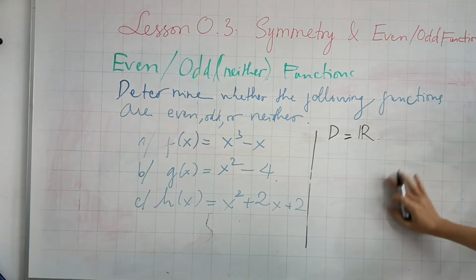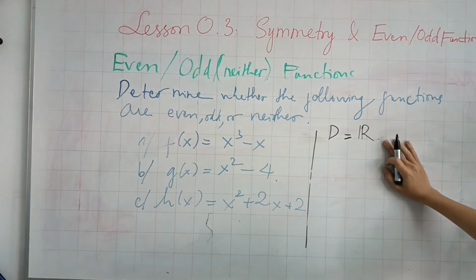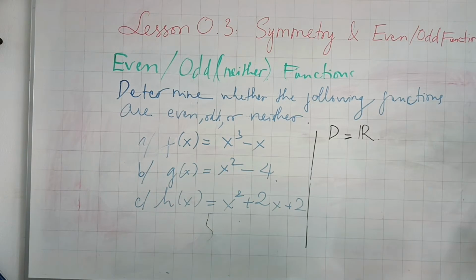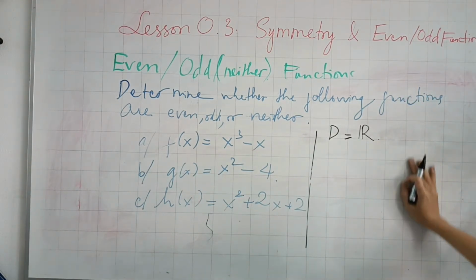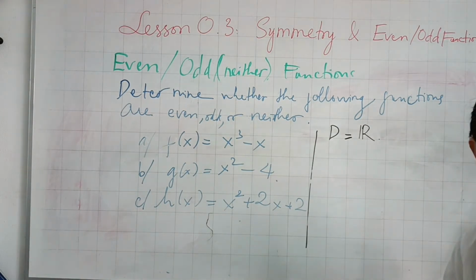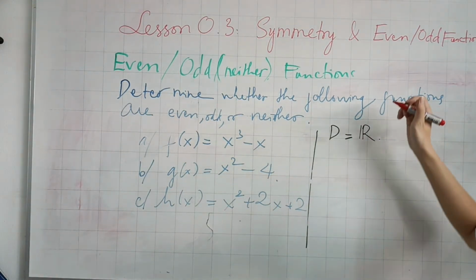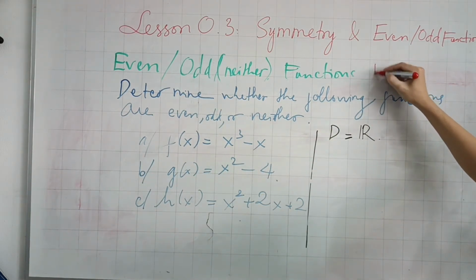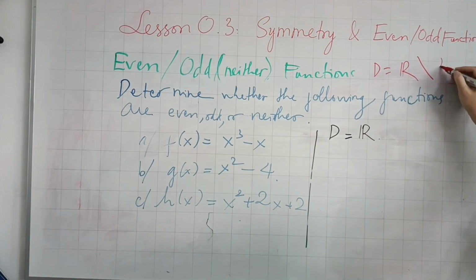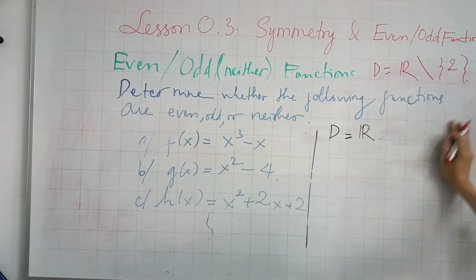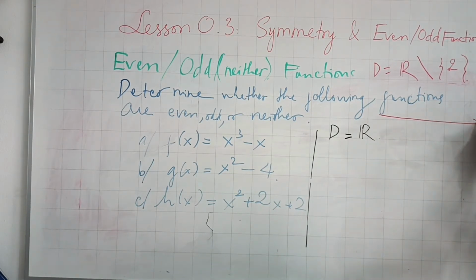So if the first condition of an even or odd function is satisfied, and if you have a domain like D equals R, then no number is missing. Suppose we eliminate number 2 like this. You can see that we have an x-axis here.